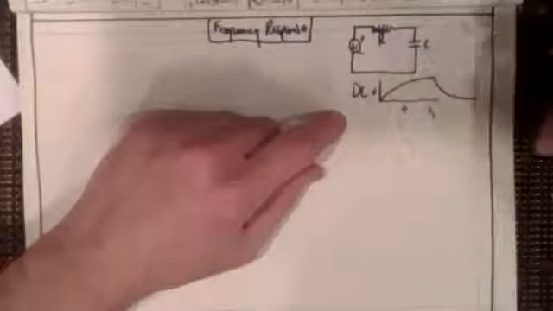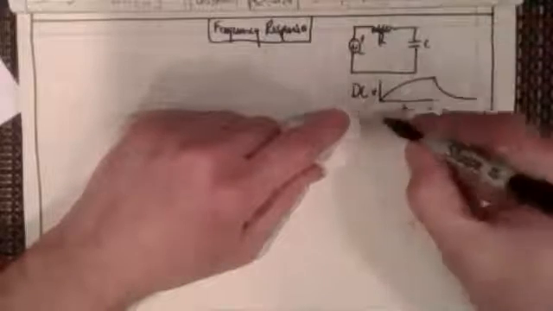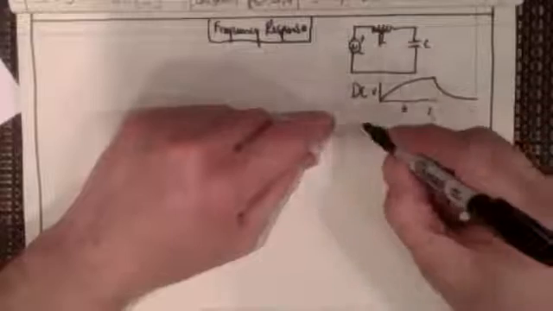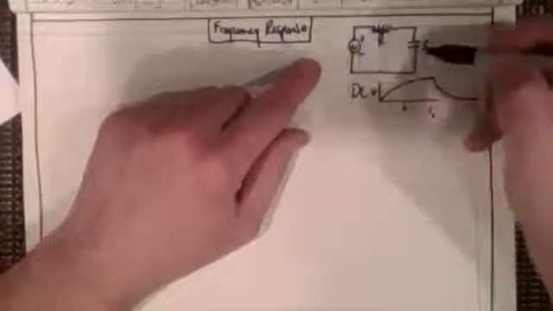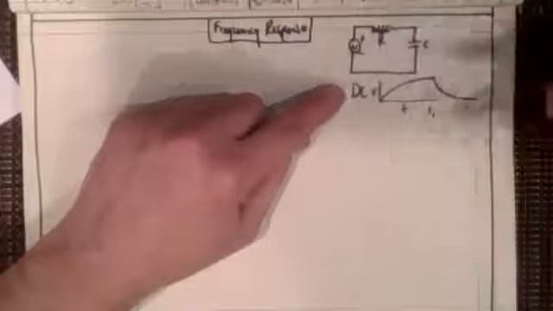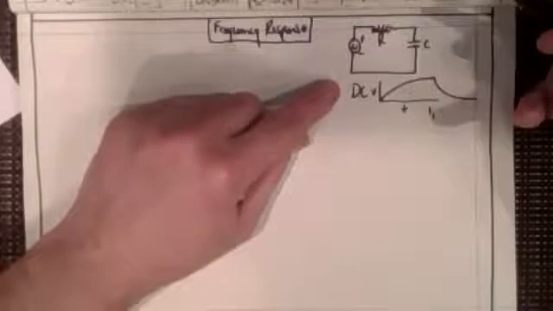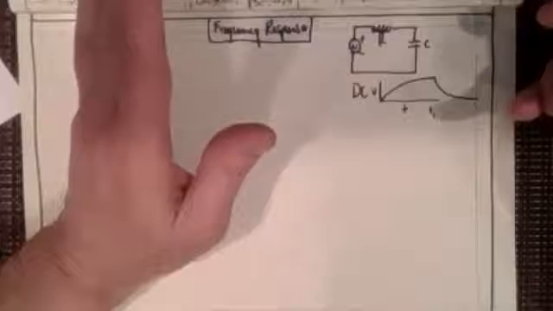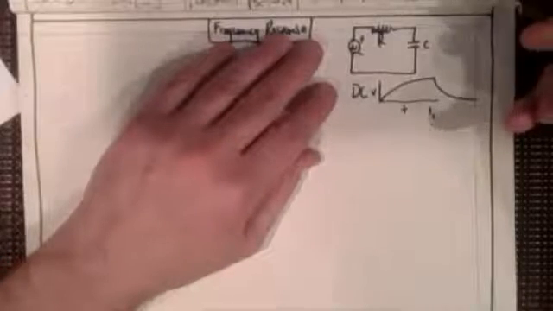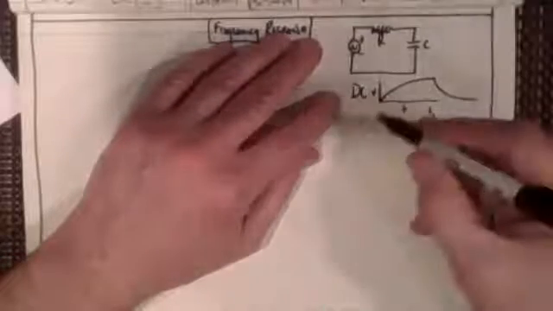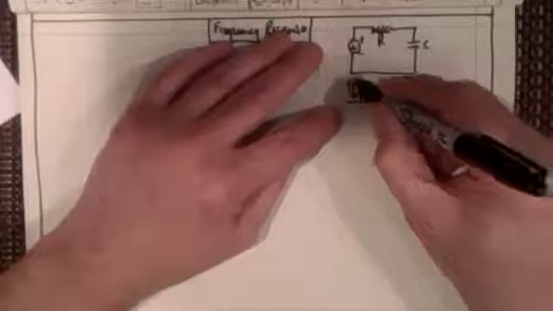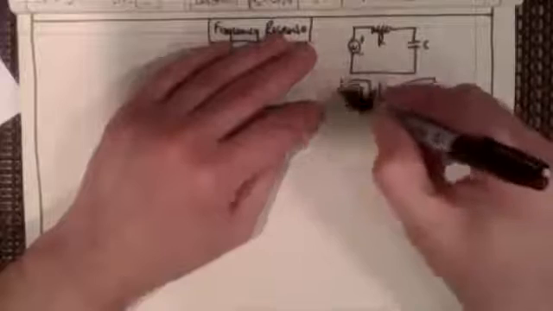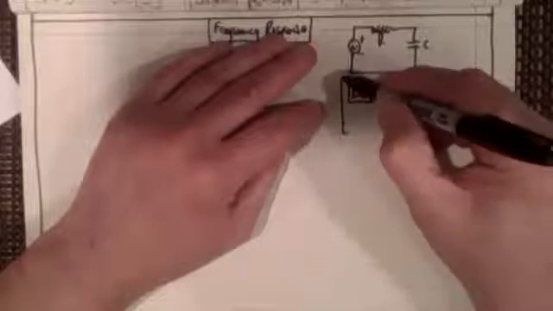Also, I want to say another thing about a capacitor for DC. When you first throw the switch in a circuit where this RC circuit was a DC circuit, what would you find as far as the current goes? I'm going to make a little box here for DC.